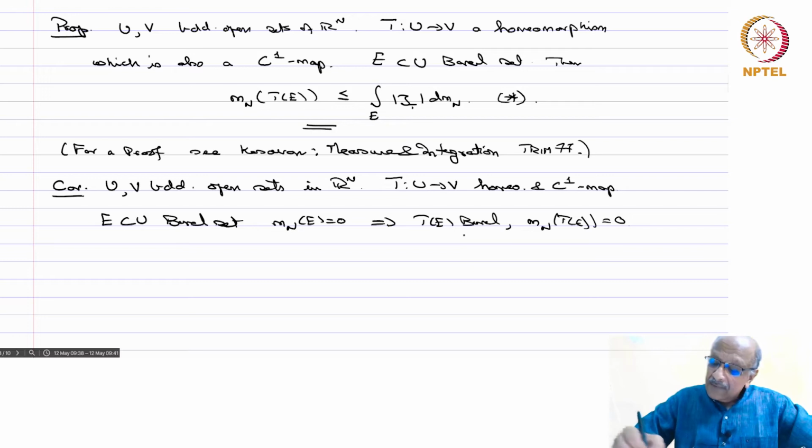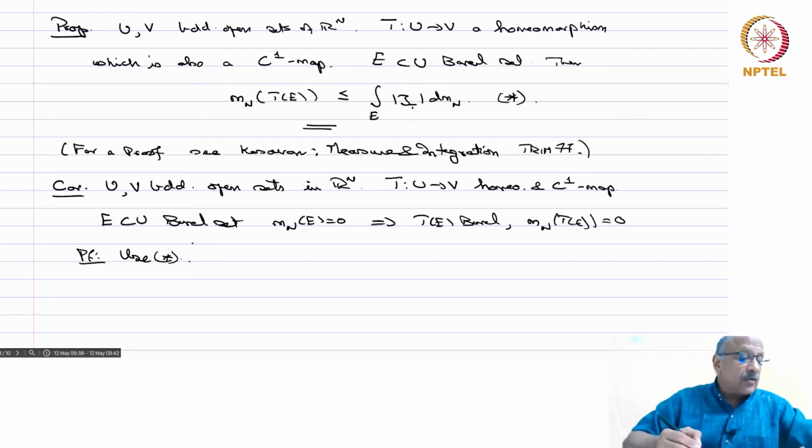And here what we are saying is that if E is of measure 0, then the image also has to be of measure 0. The proof comes from star, because if E has measure 0, then this integral is 0 and mn of T(E) is therefore 0. Okay, so that is the corollary which you have here.